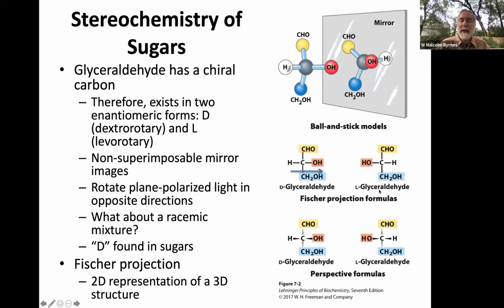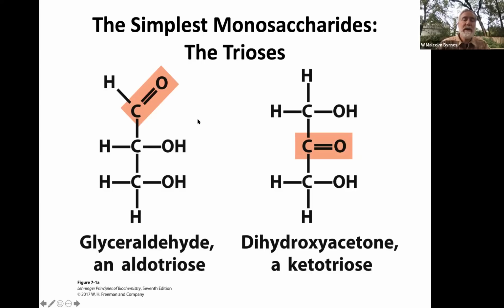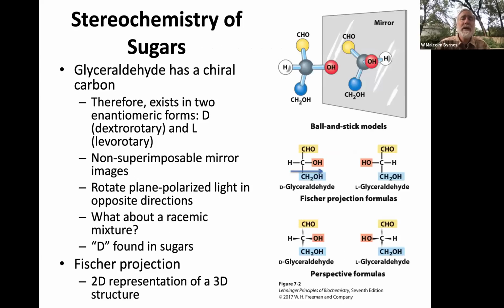Now, if you look back at glyceraldehyde, what you'll see is that this carbon in the middle has 4 different groups attached to it. The aldehyde group, the hydroxyl group, a hydrogen atom, and then this CH2OH group. 4 different things. And as you learned with amino acids, when an atom has 4 different groups attached to it, that atom is said to be a chiral center, or a chiral carbon.